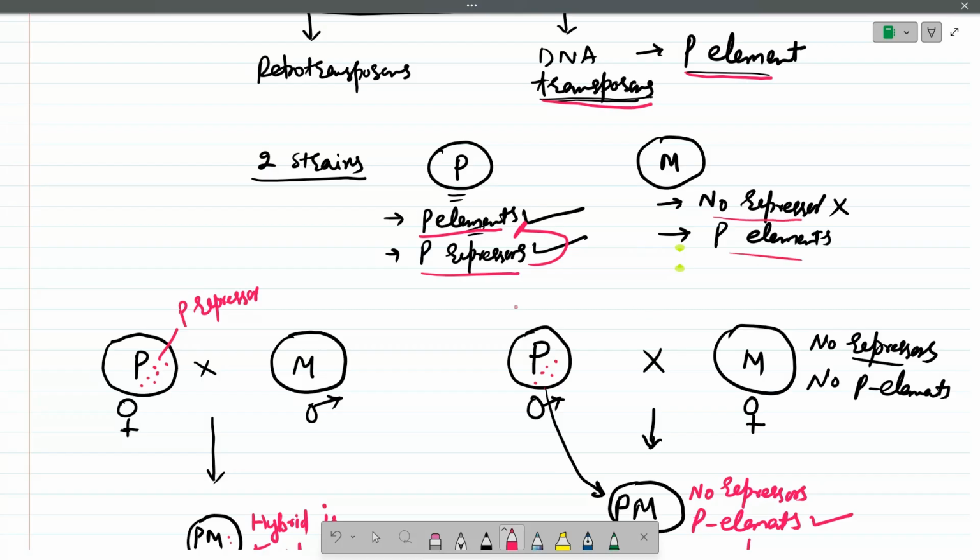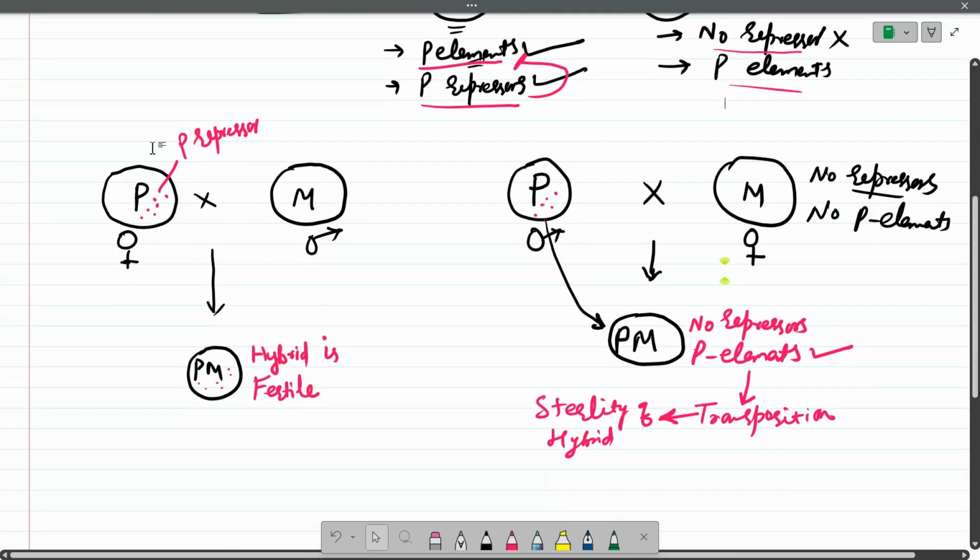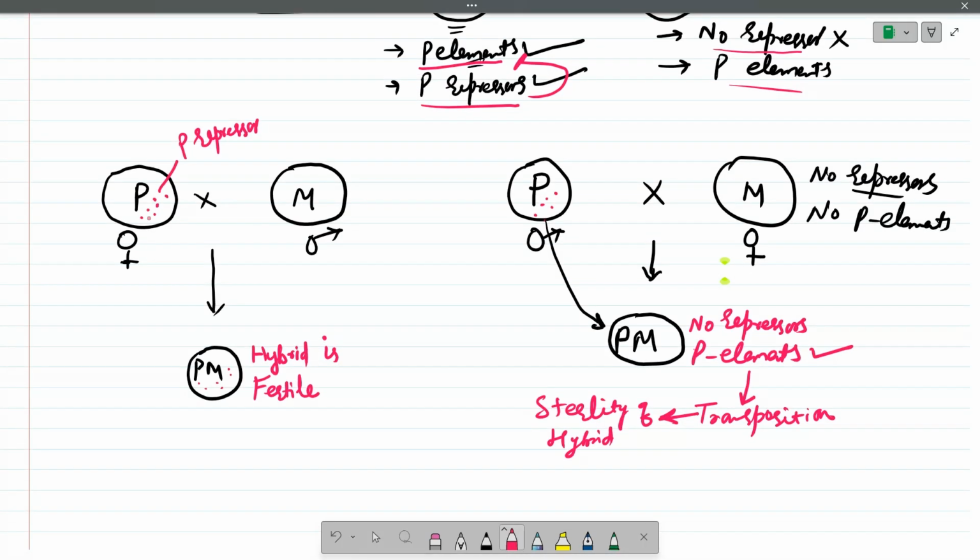When we cross these two strains with each other, in the first case, when you take P cytotype as the female and M cytotype as the male, you get a hybrid which is fertile, because this hybrid will inherit P repressors and P elements from the mother.